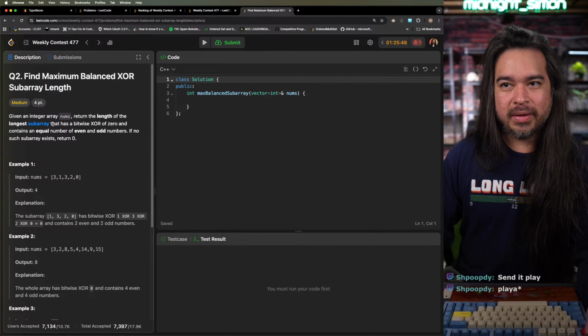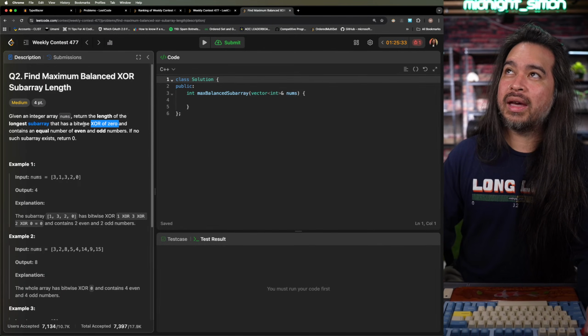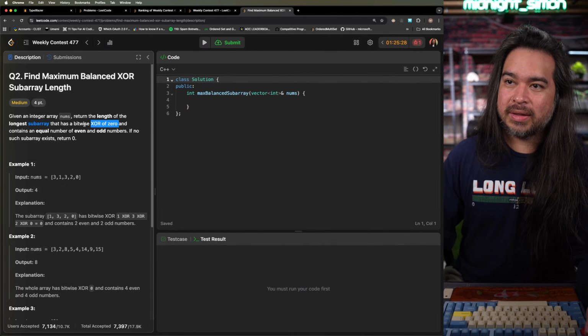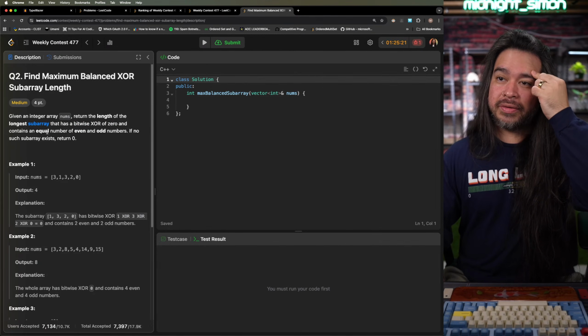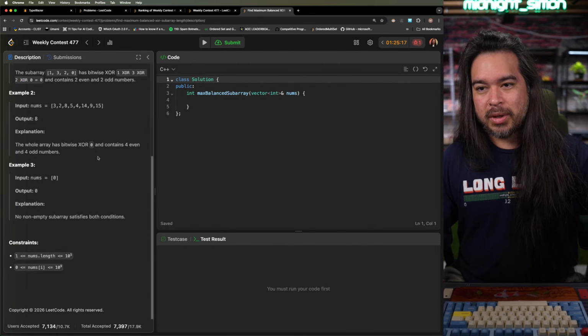But let me think. So, longest subarray, bitwise XOR of 0. That means that every bit has an even number of occurrences in that subarray. But then equal number of even and odd numbers, man. How do I do this problem?